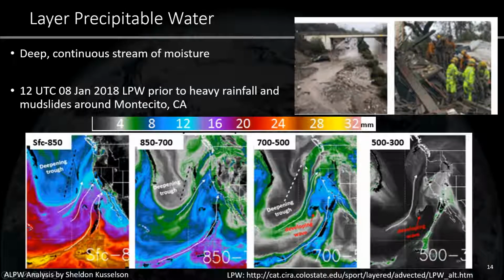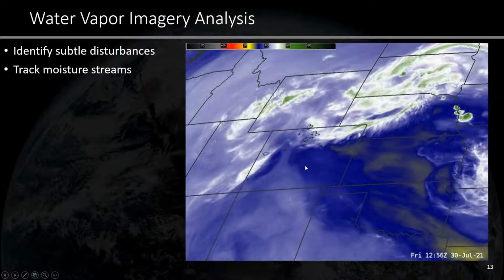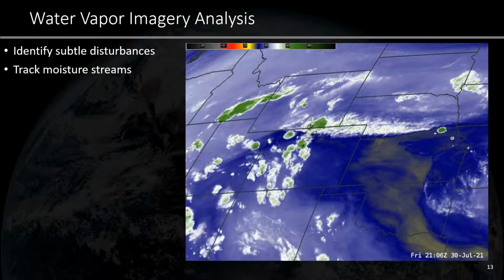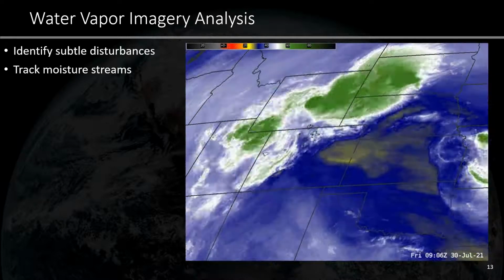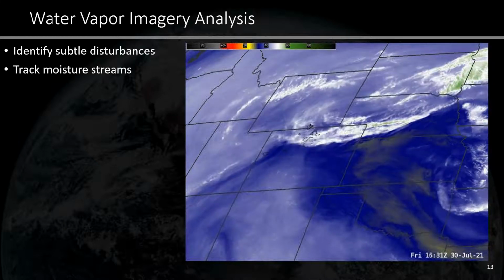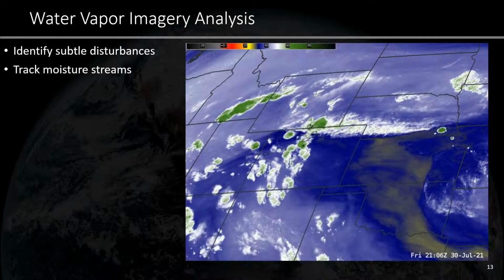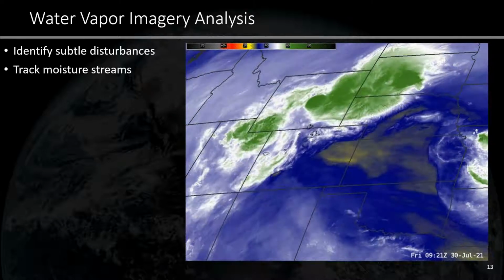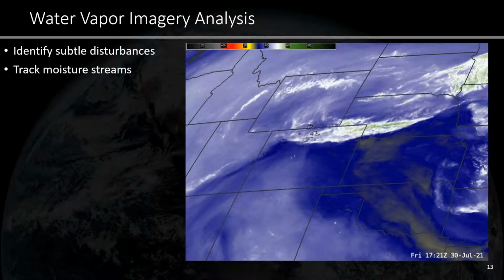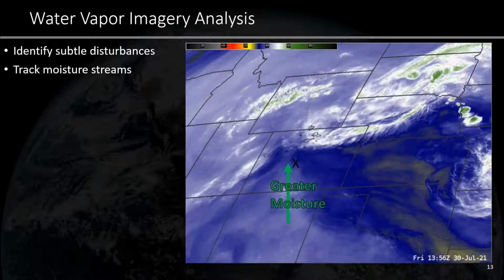And in this case, it did, a little more widespread. This is July 30th. We'll show a couple of examples from this event. But being able to identify those moisture streams and subtle short waves is definitely important in developing your forecast and providing guidance to your partners early on in the day.